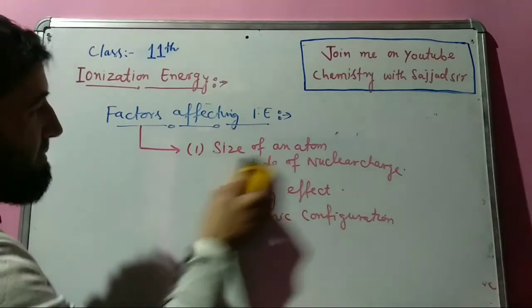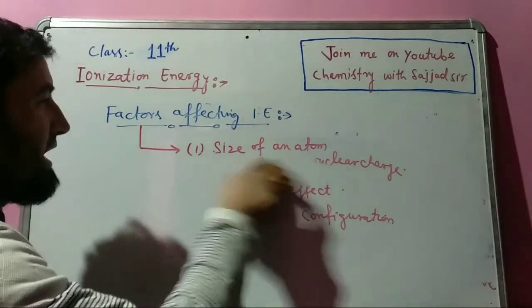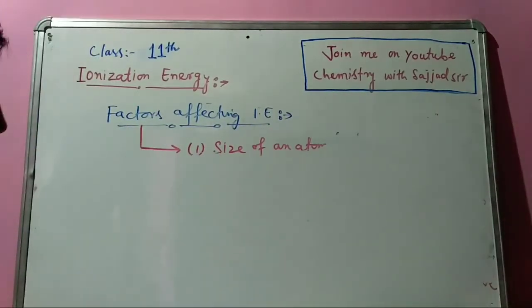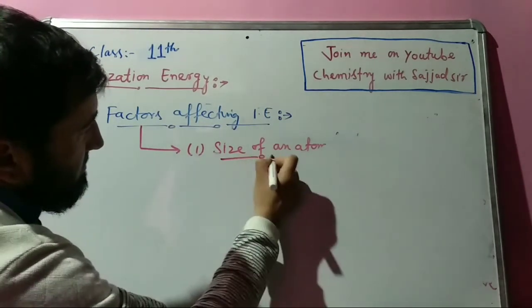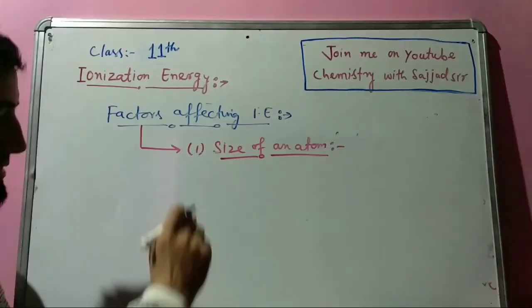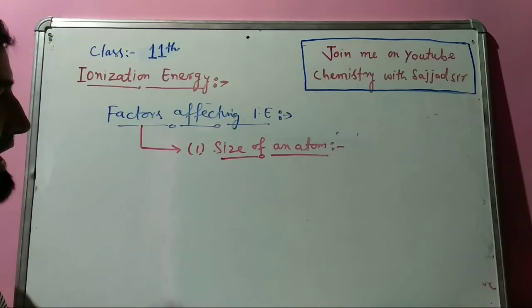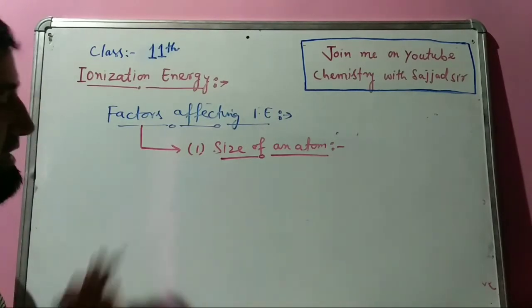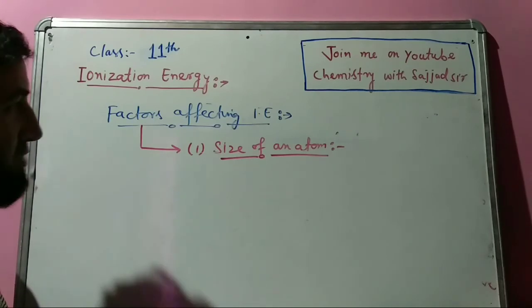So let's discuss about the first factor, that is size of an atom. Students, it must be noted that the size of this atom represents the distance between the outermost electron and the nucleus.